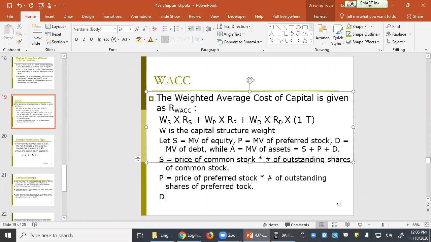D, the market value of debt, will be the price of a bond multiplied by the number of bonds outstanding. Basically, it's always the price per unit times the number outstanding, whatever that is, shares of stock or number of bonds outstanding.